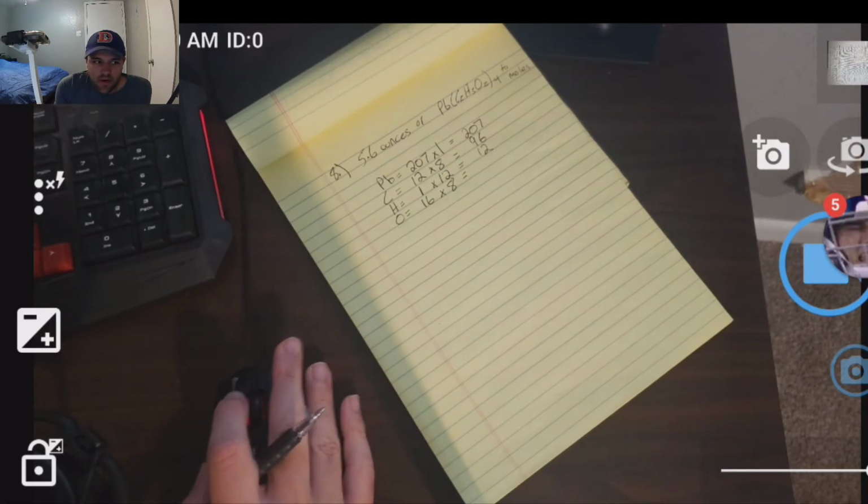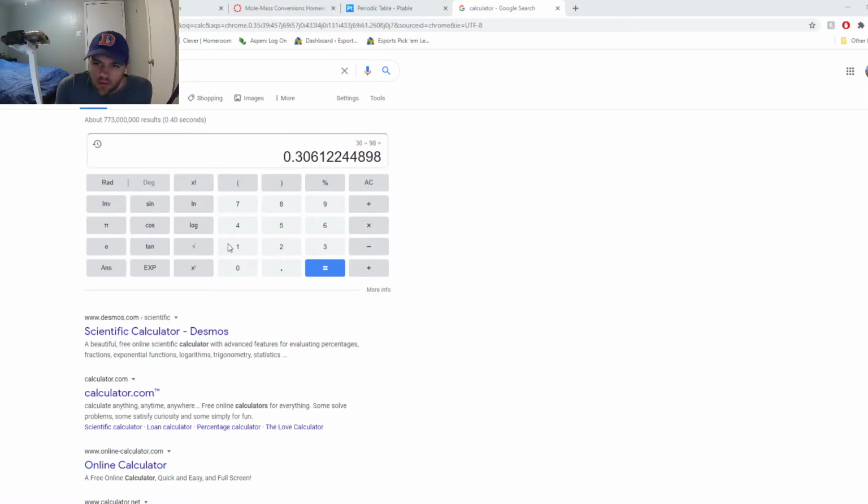So we're going to pull up our calculator for that one. 16 times 8 is 128. Okay, add them all together. So we'll do 128 plus 12 plus 96 plus 207 adds up to 443 grams per mole.